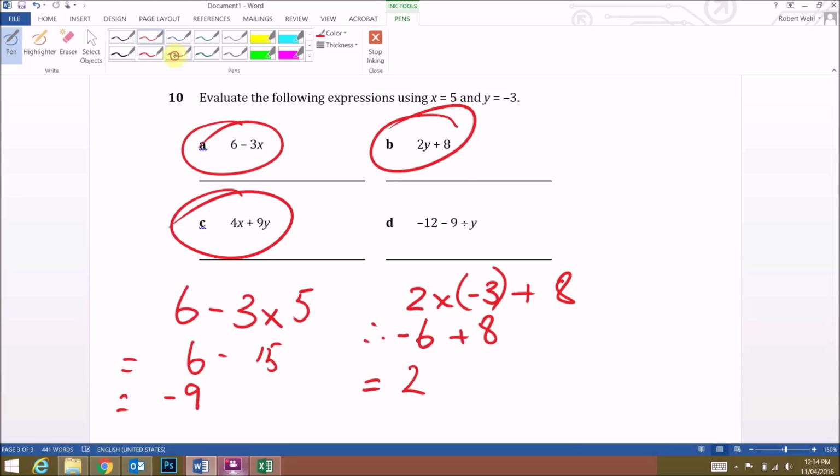C, 4 times x, and x equals 5, plus 9 times y, which is negative 3.